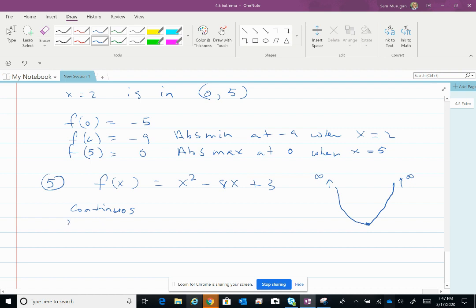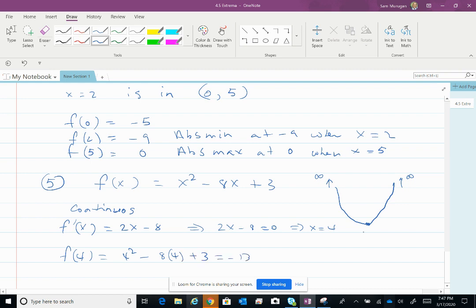Remember that to find the vertex, we simply take the derivative. We get 2x minus 8. Setting 2x minus 8 equal to 0 gives x is equal to 4. And then substitute 4 into the original function. We have 4 squared minus 8 times 4 plus 3, which is equal to -13.